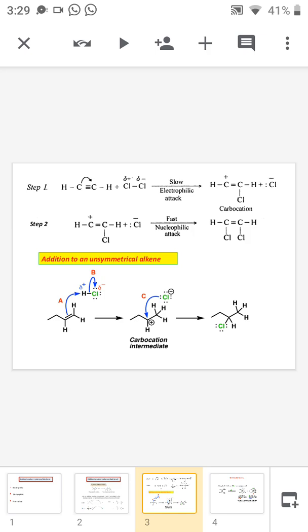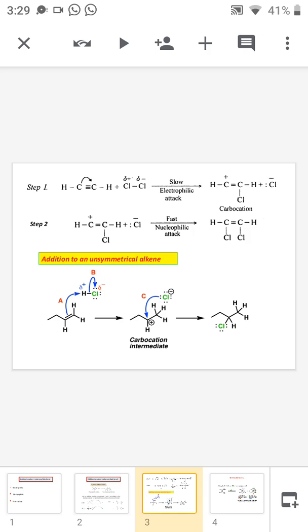In the second case we are adding a polar molecule to an unsymmetrical alkene. See here in the alkene we can see that a doubly bonded carbon is present. One of the doubly bonded carbon atoms is attached to a substituent CH2CH3 and the other one is hydrogen, whereas on the next side, both the substituents of the carbon are hydrogen.